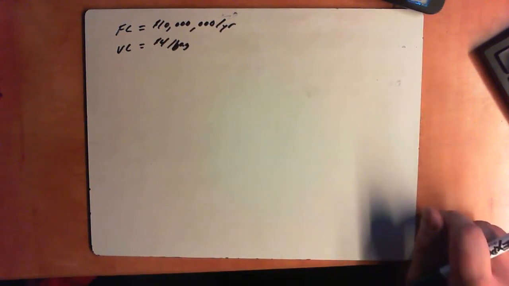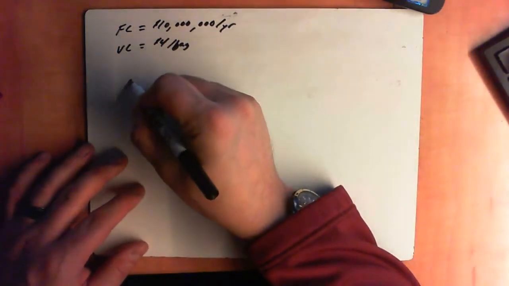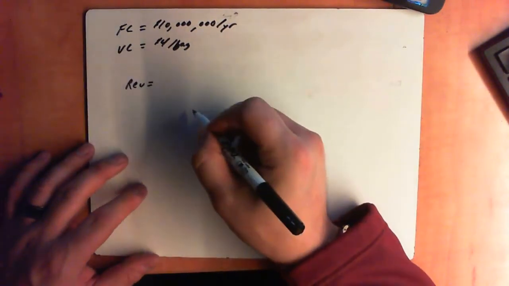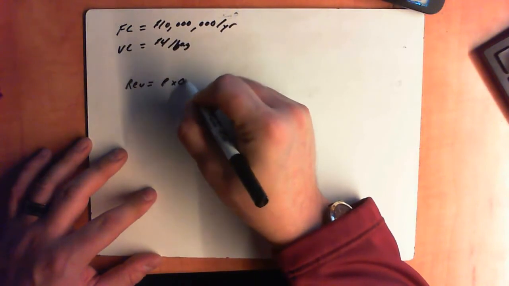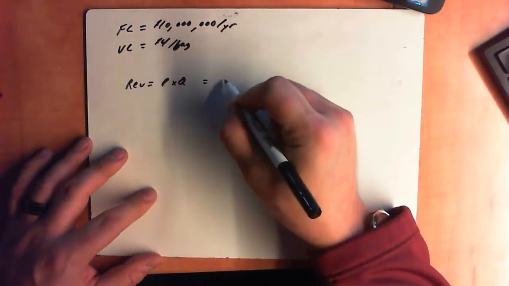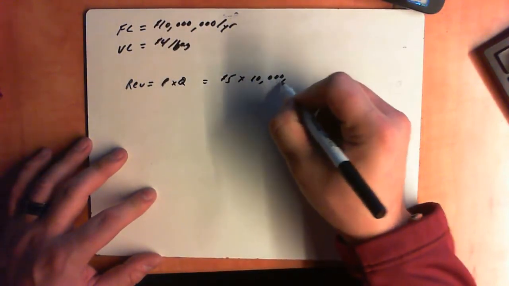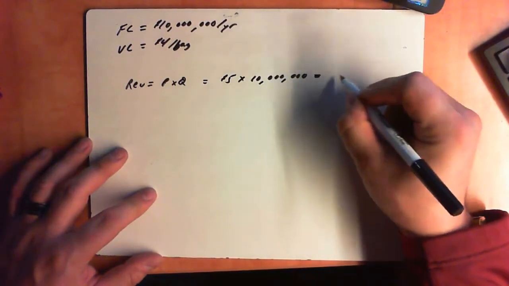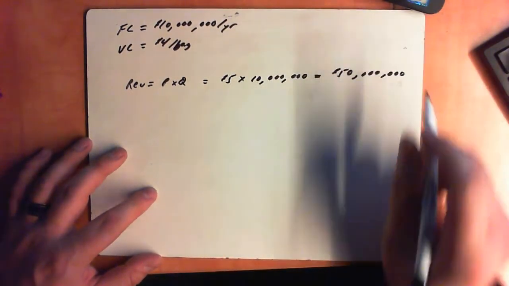Well, the firm's revenue equals $50 million. We figure this out because revenue is equal to price times quantity. If we're charging $5 per bag and they're producing 10 million bags, the total market demand, the total revenue would be $50 million.